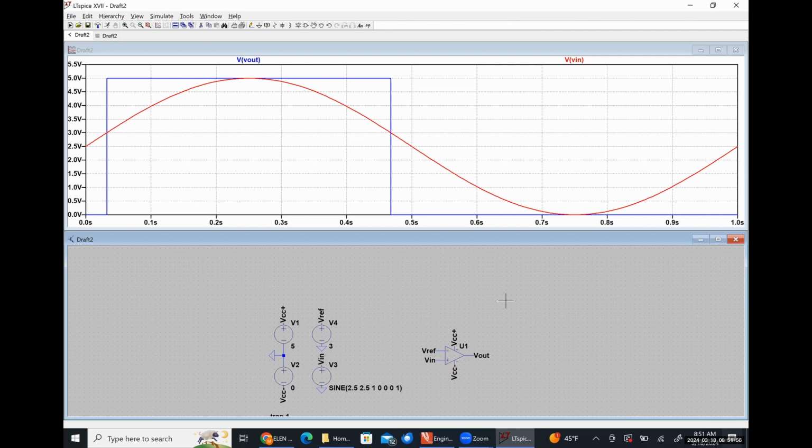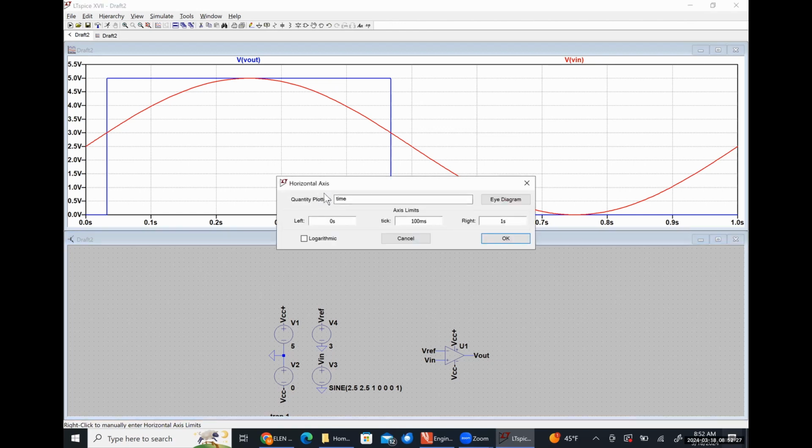Now, this graph looks significantly different, at least to me, than the graph that we came up with. That's because we are plotting both Vout and Vin here as a function of time. In the graphs that we made to explain how this device works, we had Vout plotted as a function of Vin. We can do that in LTspice if we mouse over our horizontal axis and right click.